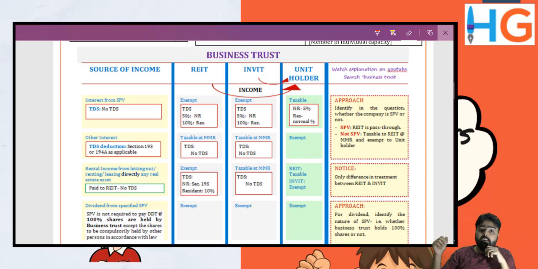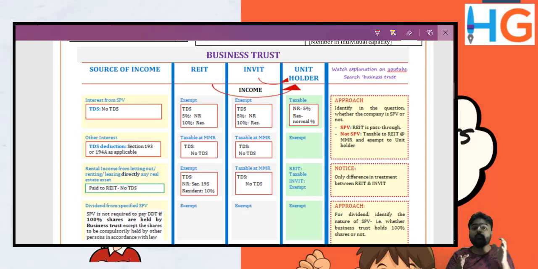Simple. Now for the purpose of taxation, the income which is coming to the business trust, the business trust can easily pass on, as in the taxability will directly hit the unit holder. The business trust doesn't have to pay any tax, so the business trust will be exempt. It will be taxable in the hands of the unit holder. This is a case of a pass-through entity.